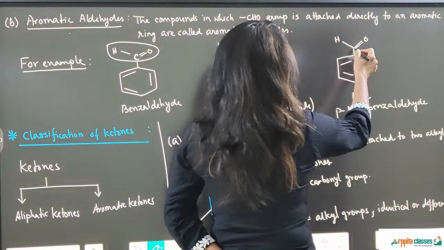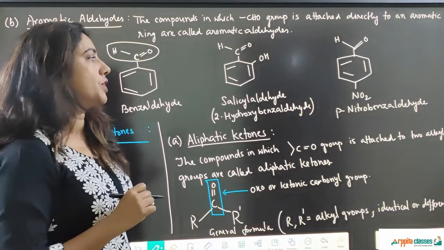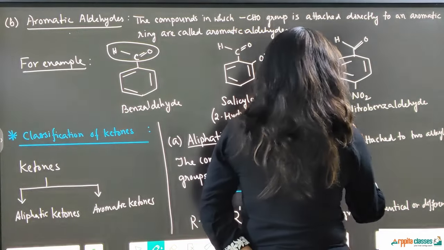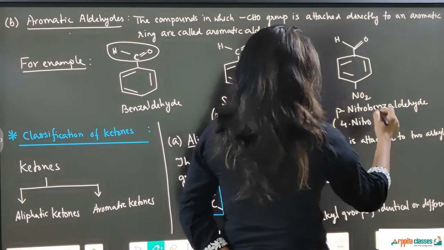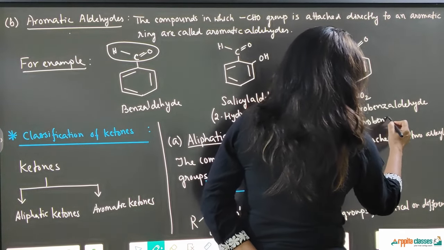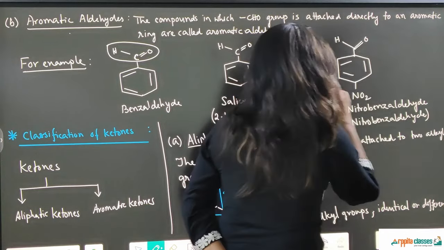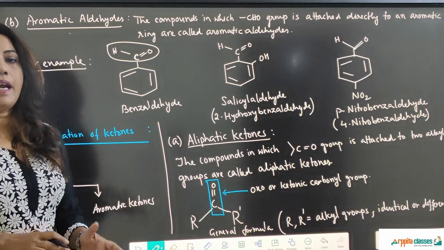Here the aldehyde group is directly attached to the aromatic ring and a nitro group is attached at the para position. So it is called para-nitrobenzaldehyde. That's a common name. The IUPAC name will be 4-nitrobenzaldehyde, because it is the fourth carbon atom. I hope you understood the classification of aldehydes.